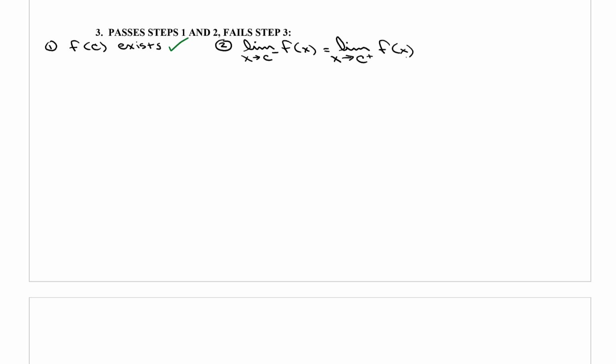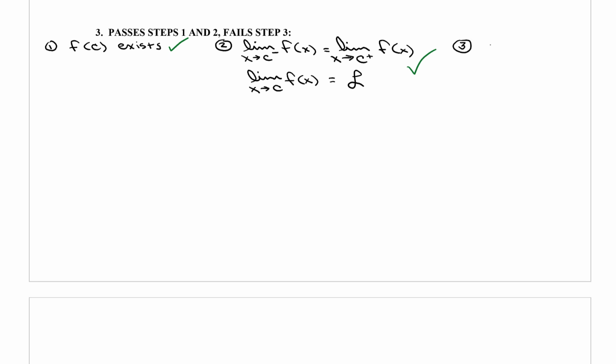And I'm going to put a green check mark next to that one because, yes, we're going to make sure it passes that step. This means the limit as x approaches c of f of x equals L. So green check mark next to that one.